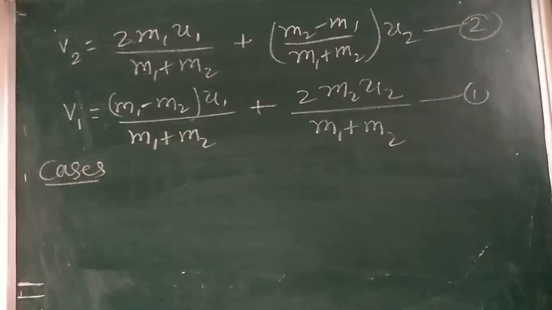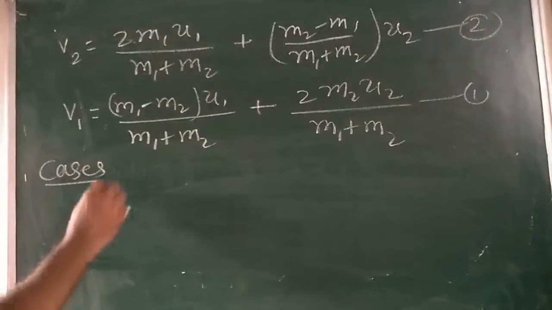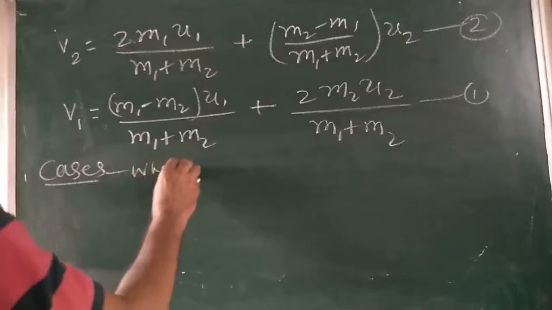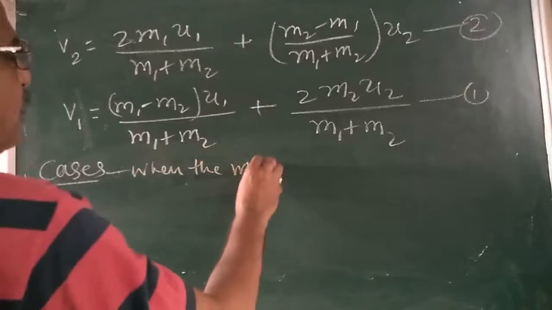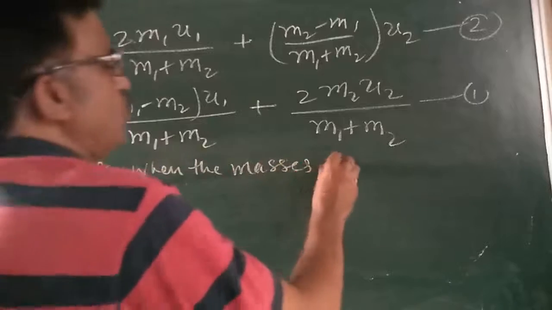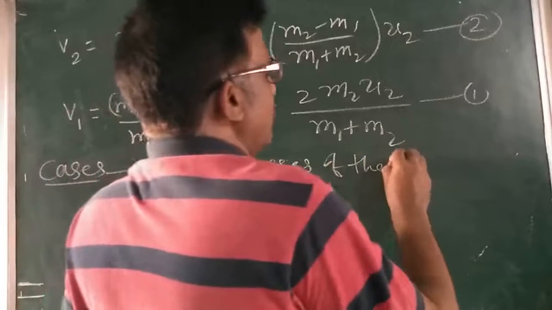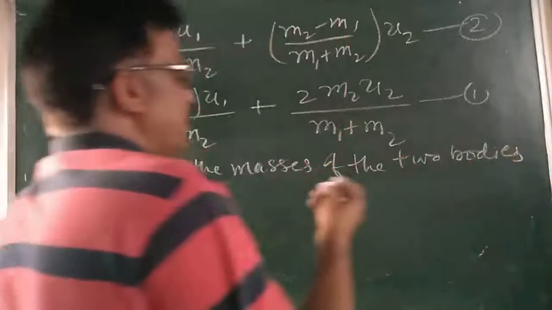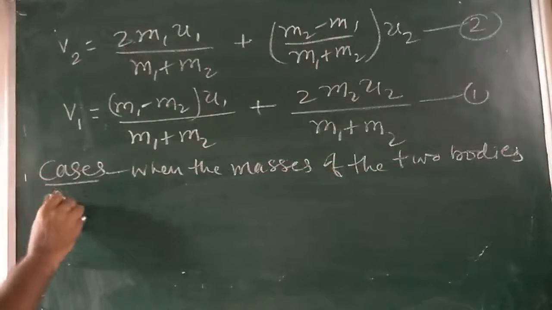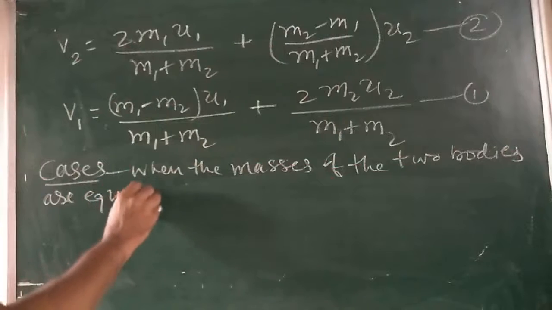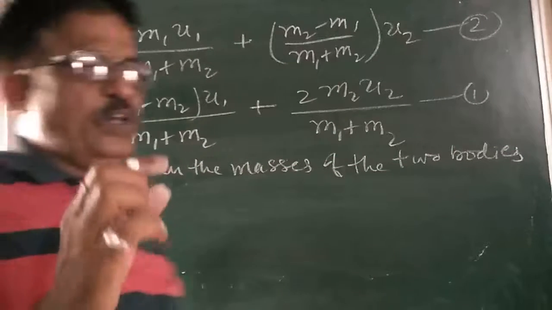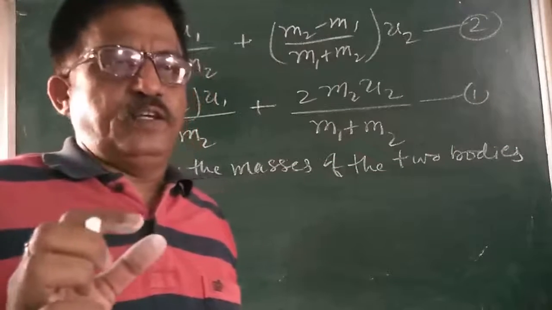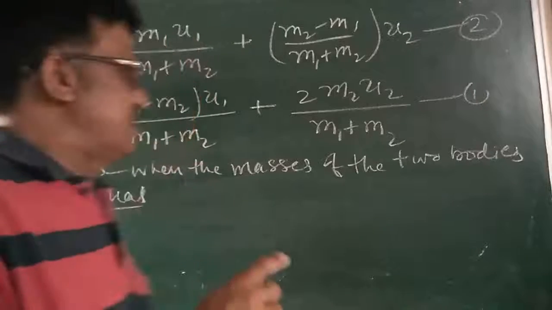The first case is when the masses of the two bodies are equal. Initially, when we are taking the bodies in collision, both are having the same mass.